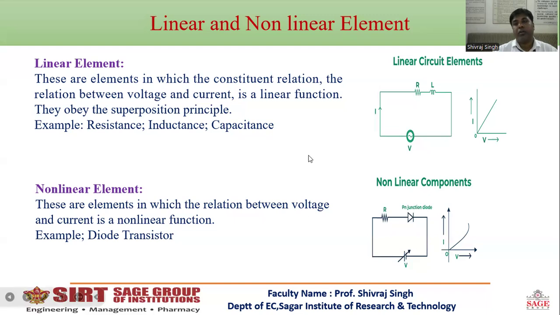For example, in a simple circuit with a voltage source, resistor, and a device like a diode or transistor, this is a basic example of the non-linear element. The response of the non-linear element is like this curve. That means it does not follow the superposition principle.